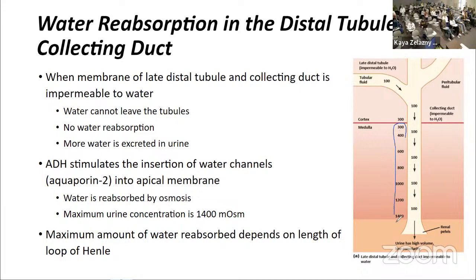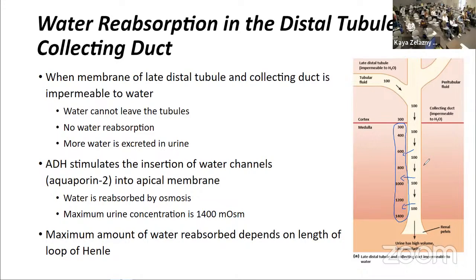We have this strong medullary osmotic gradient that we just set up with our loop of Henle and our countercurrent multiplier, right? So if water can travel, this is a strong pull. Water is going to want to travel into the medulla here, okay?